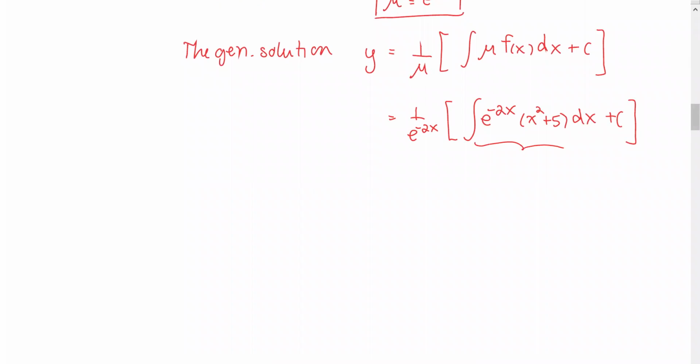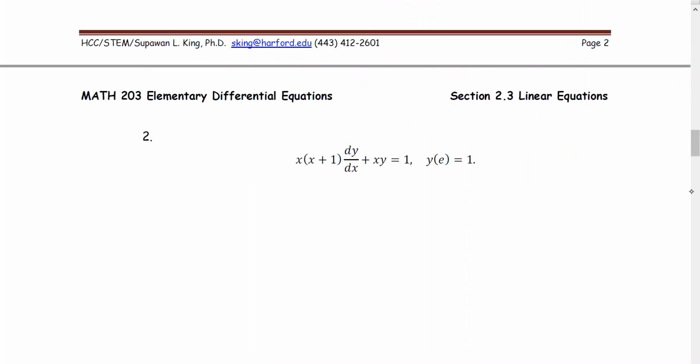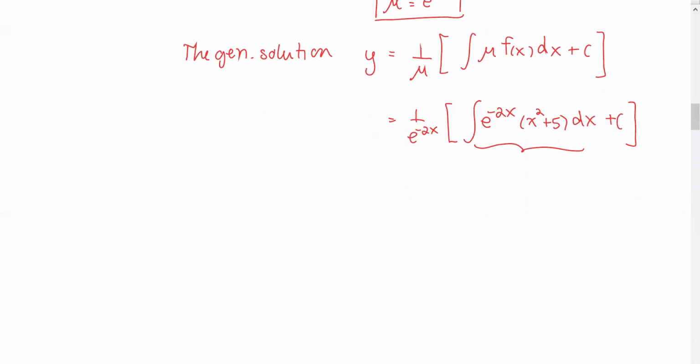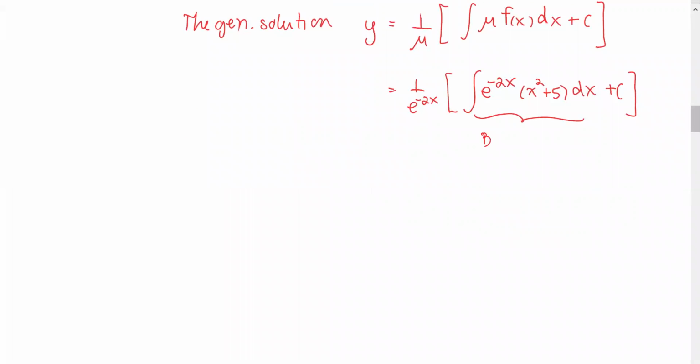In this case, we are going to use integration by parts. Use LIATE to identify the u and dv. Exponential e to the -2x is the exponential function. The x squared plus 5 is the algebraic function. In this case, the algebraic is in polynomial form.